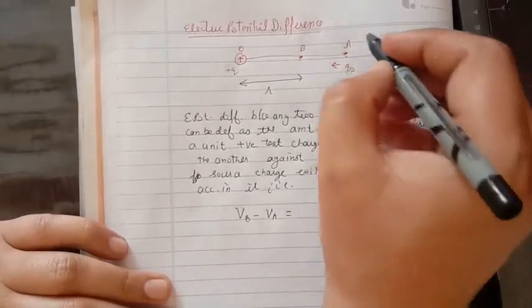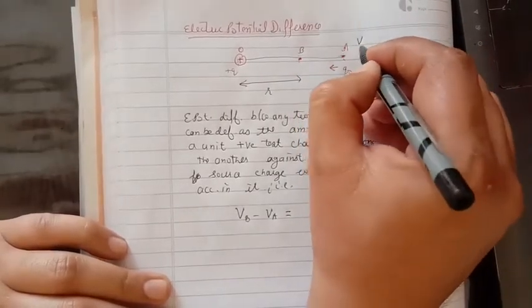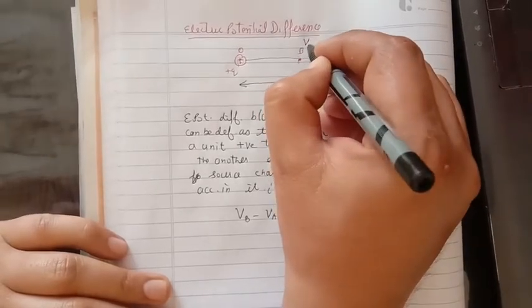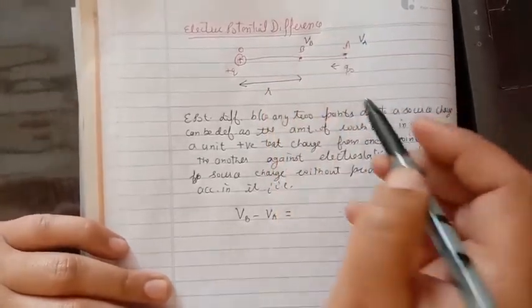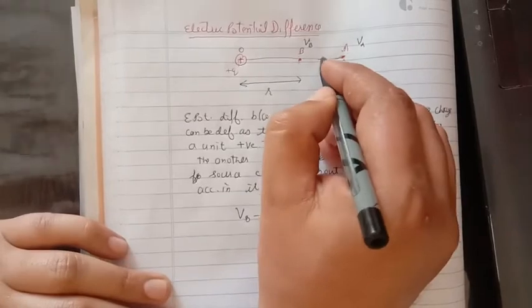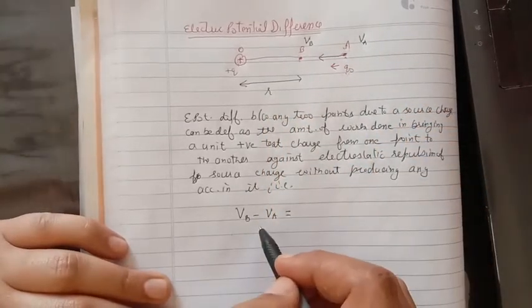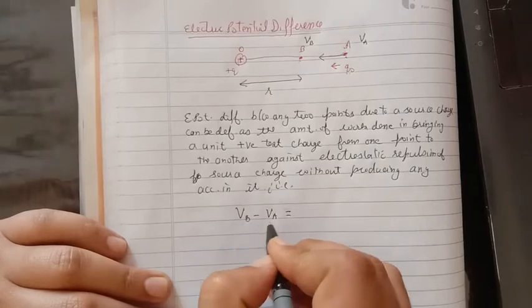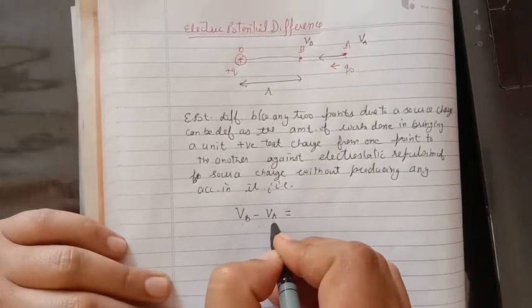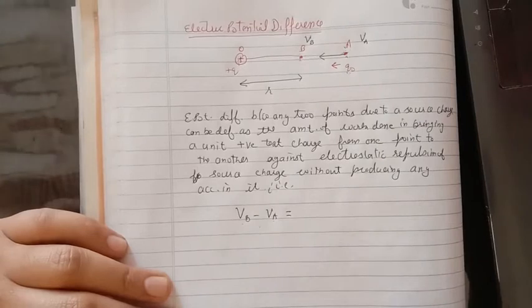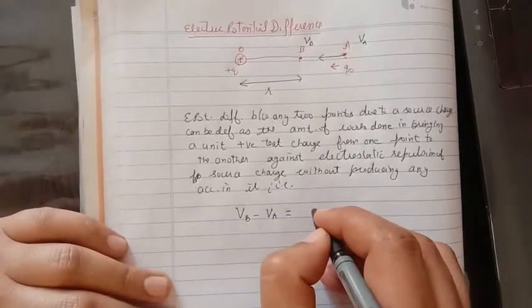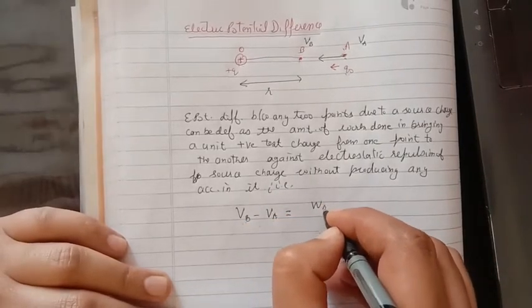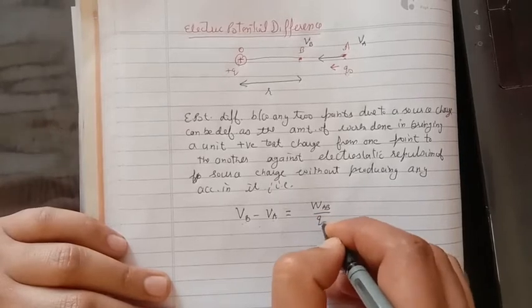So if at the initial location potential of Q was VA, at final location potential of Q was VB, because you have moved the charge from A to B, so potential difference is always calculated as the difference of potential at final point and the potential at initial point. So in this case, VB minus VA will be equal to W AB divided by Q naught.